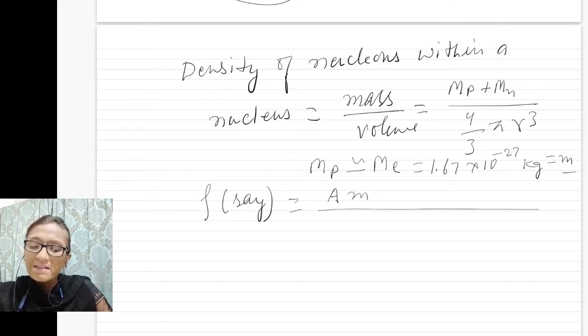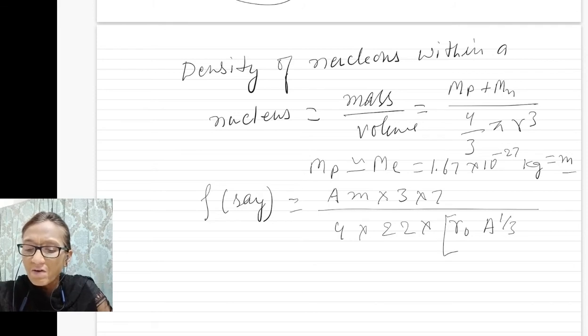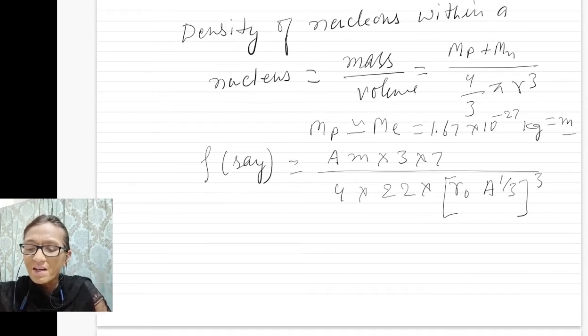Now this is divided by 4/3 pi r cube. I am taking 3 in the numerator, 4 into pi, where pi is 22/7, so I am taking 7 in the numerator, into r cube. And r can be replaced by R0 A to the power 1/3, and the cube of this.